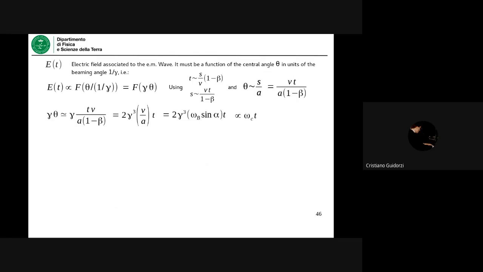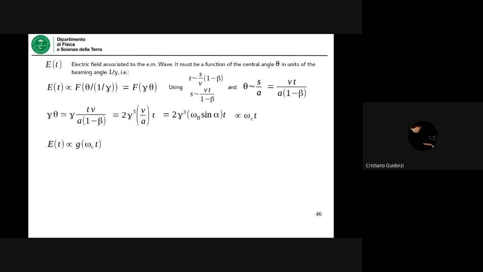T, I remind you, is the arrival time, the time that matters to you as an observer. So it means that the electric field that you measure depends on time in a specific way: through the product of the critical frequency and time t.